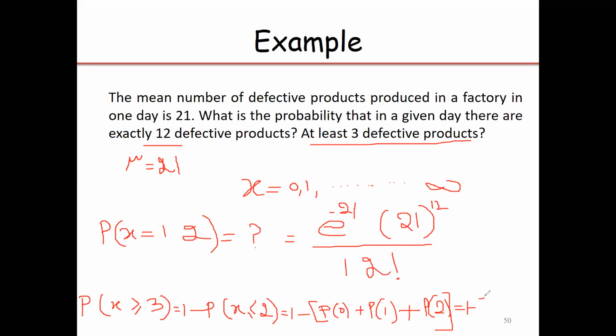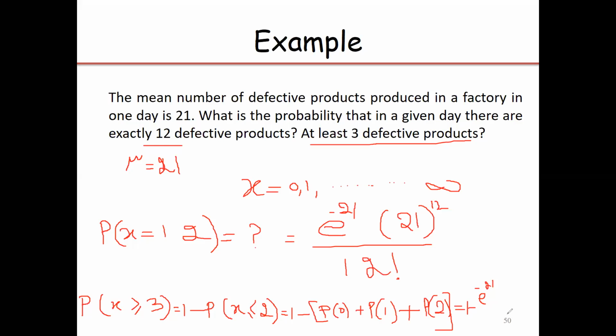I am taking e raised to the power minus 21 as common, because it will be in all three terms. 21, not 12. This is e raised to the power minus 21. You have to compute it one time. Divided by 21 factorial. No, it will change from term to term, so it is not common. We have to change it from term to term.